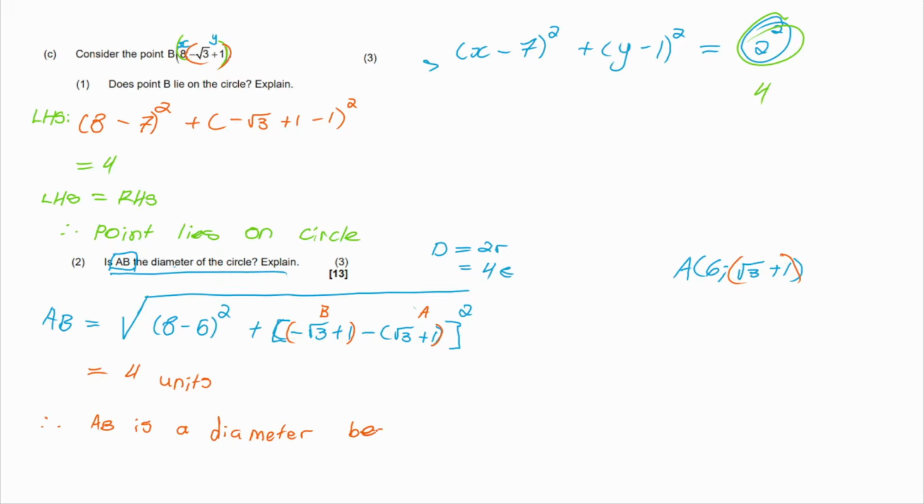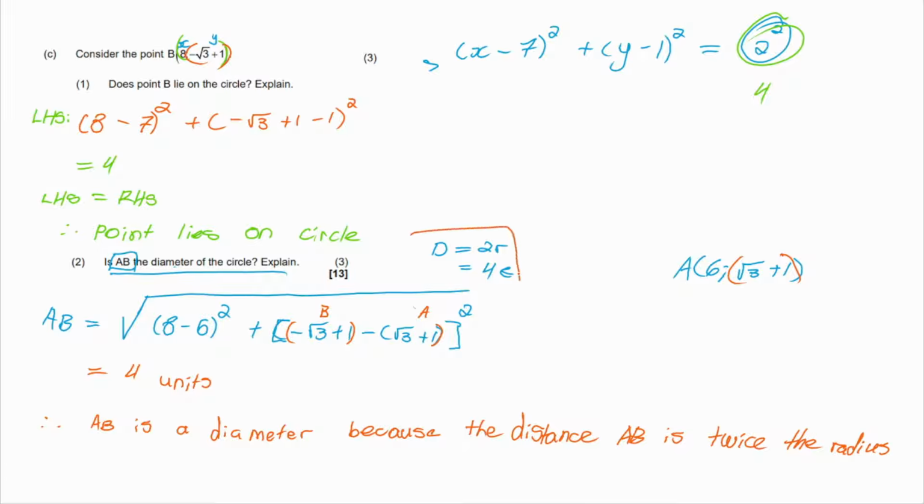Because the distance AB is twice the radius. Right, because the distance AB is twice the radius. Okay, it's 2 times the radius, right?